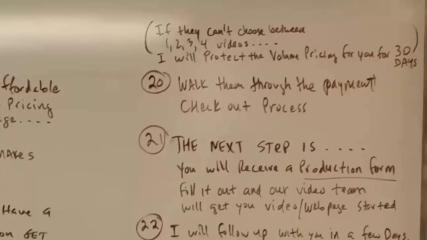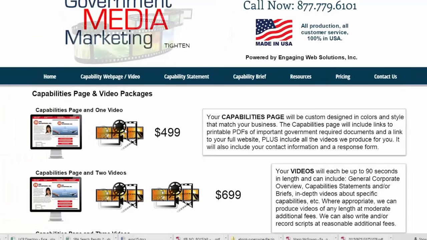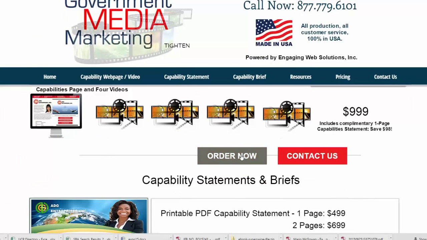And then you're making the assumptive close, that if they're on the phone with you this long, they're going to close with you. You're going to say, well, let's get started. Click on the order now. And you're going to click on the order now, and it's going to take them to the order page. And then while they're on the order page, you walk them through the whole process.